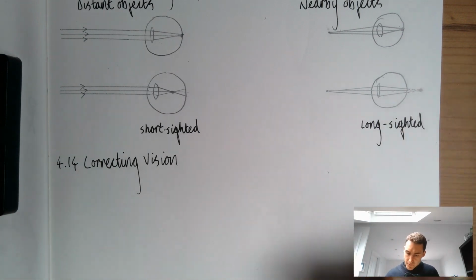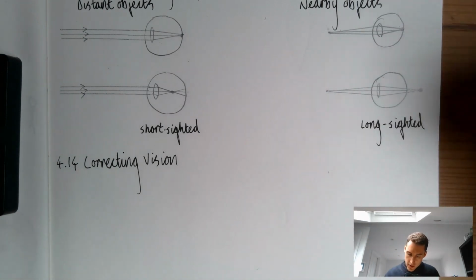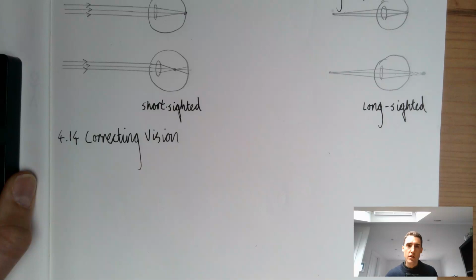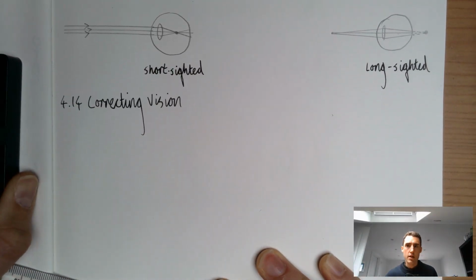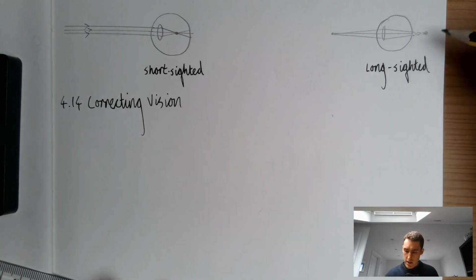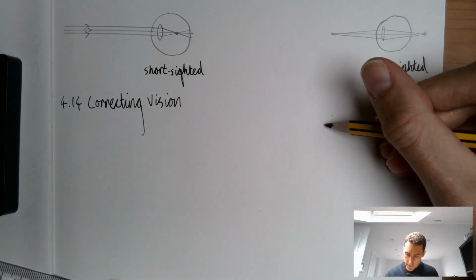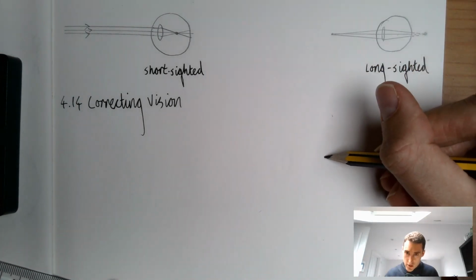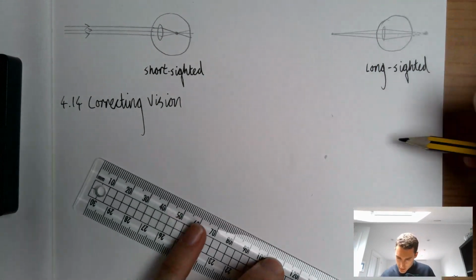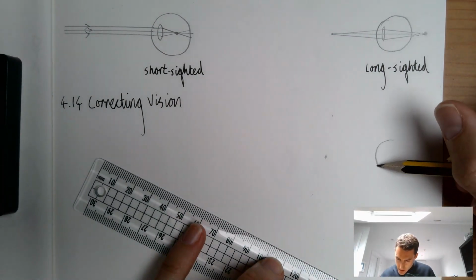So what you can do here underneath the diagrams that you've done, in fact I'm just going to move this down here like this. So to get this to the correct version where the focal point is on the retina, we sketch our diagram like this, and I'm going to draw my eye here.